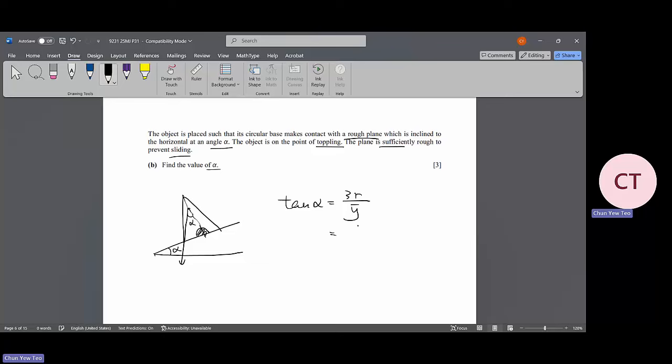So 3r divided by, just now bar y was 69 over 38r. If you press the calculator, you can get this as 38 over 23. Tangent alpha, so your alpha will be 58.8 degrees. Done. So this will be the answer for question number 4B.